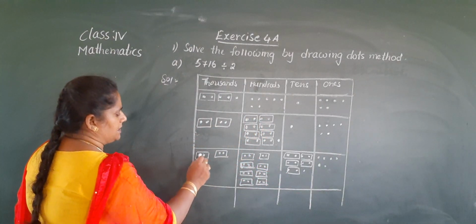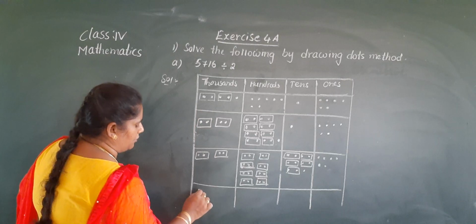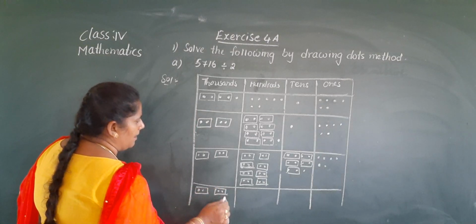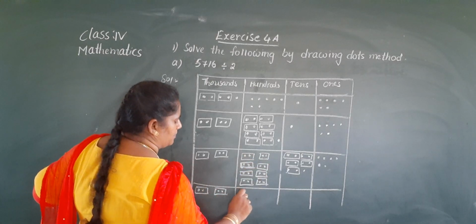We'll continue these groups as tens. Thousands, how many groups formed? 2 groups. Write 2 groups as thousands. Hundreds, how many groups formed? 8 groups.